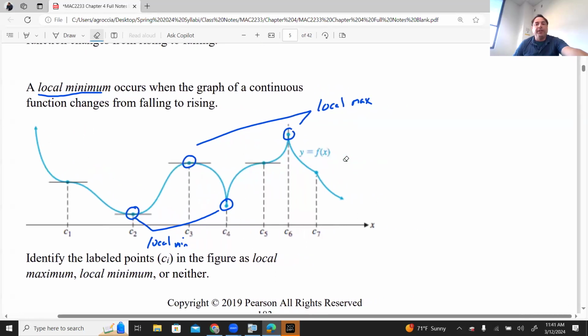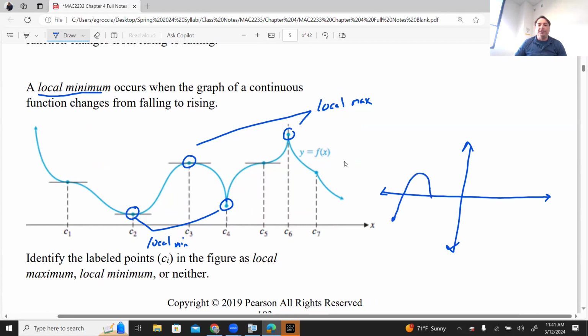Let me give you another quick example. I'm going to draw a graph, just going to make it up. Just because you have the picture, you're able to answer a bunch of questions.